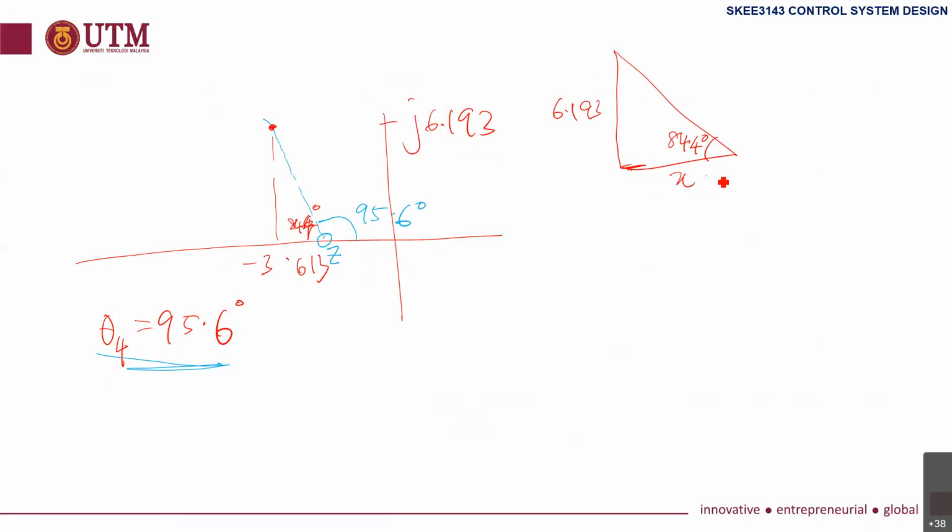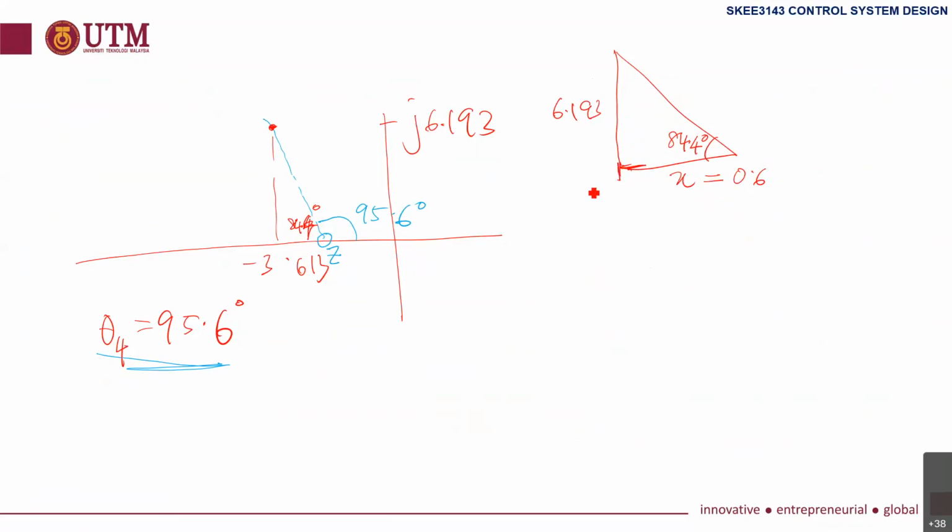You can calculate x, based on tangent of 84.4 equals 6.193 over x. If you calculate x, it will be about 0.6. So the distance here is 0.6.